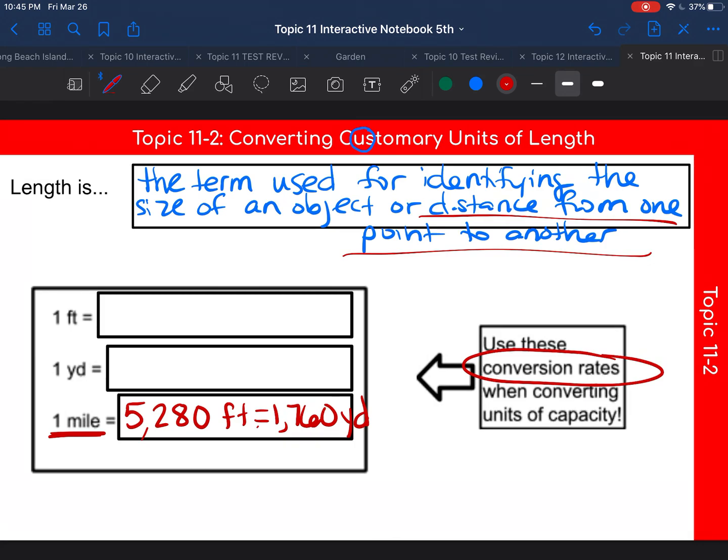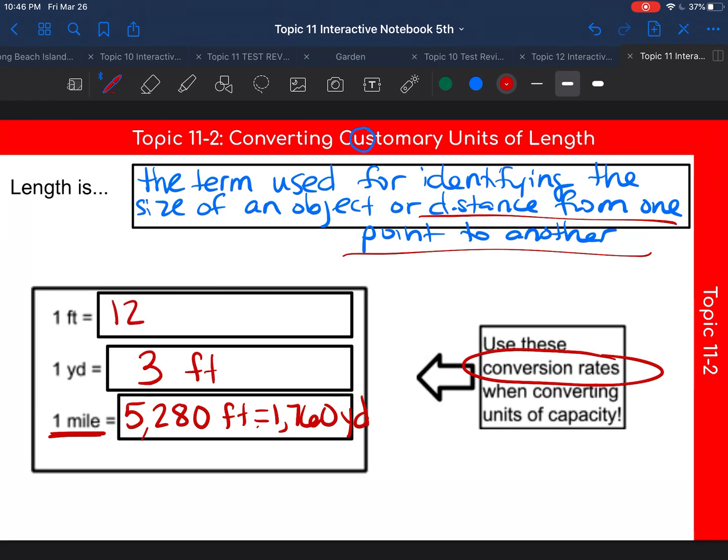Okay, now 1 yard. Do you know how many feet are in 1 yard? In 1 yard, there are 3 feet. Now, 1 foot, that's like a ruler. Do you know how many inches are in a ruler?